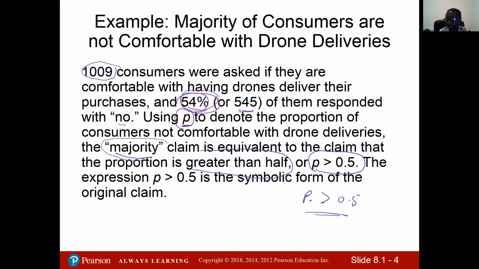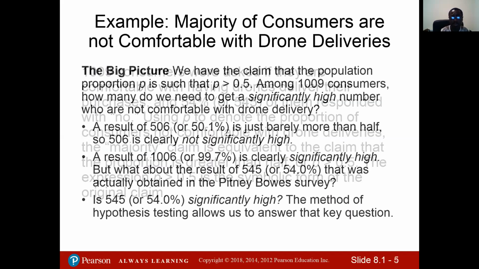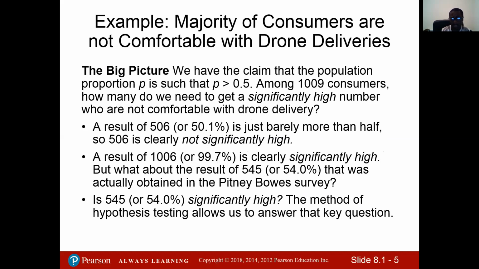Because we want that to be more than 50%. So the question is, sometimes when you give a question, if you look at the sample proportion, which in this case is the 54%, all right? Well, is it really significant or not? Okay, so now let's look at some scenarios based on this. So here's the big picture.